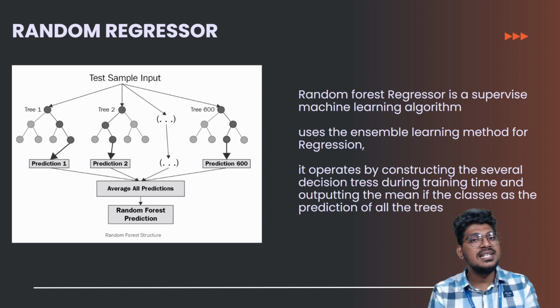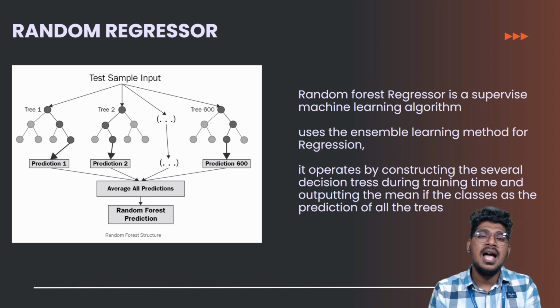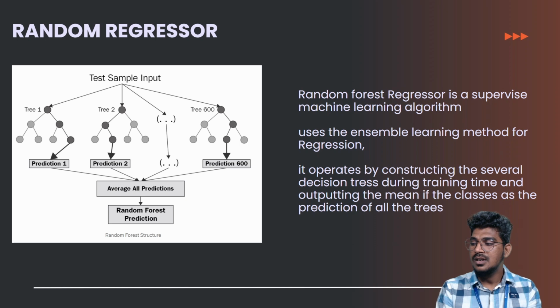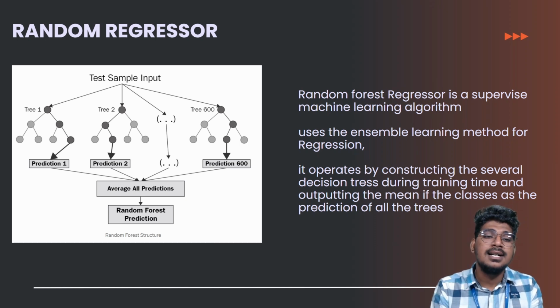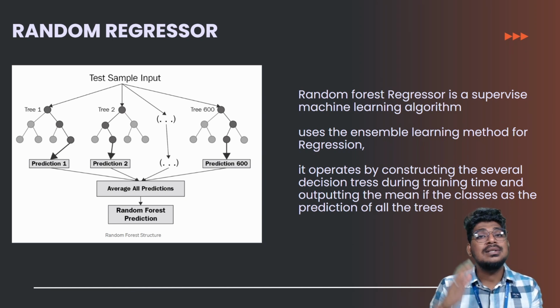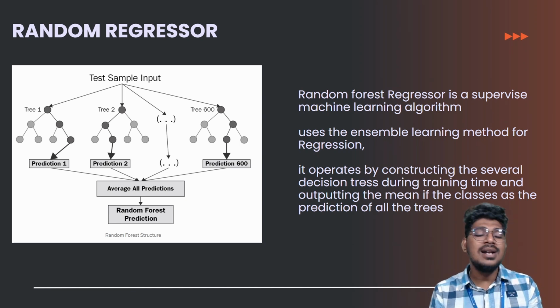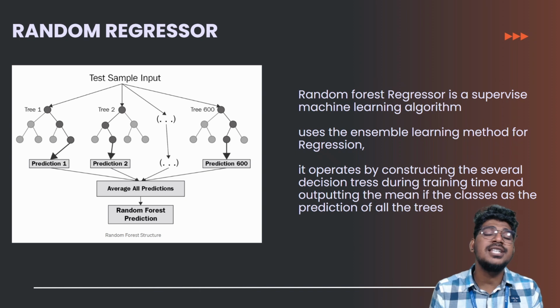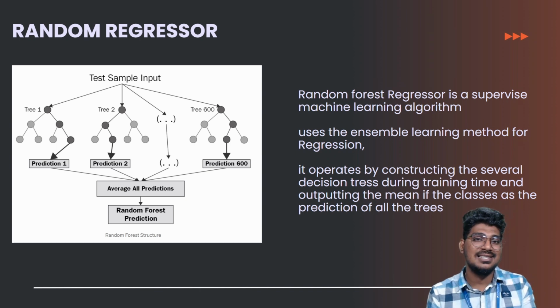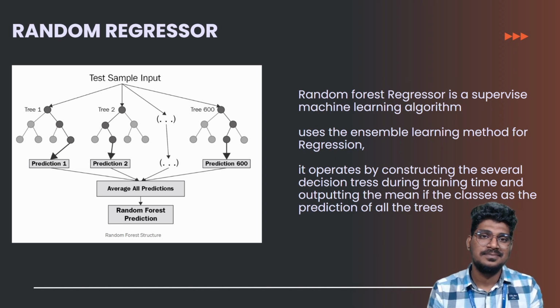In a classification it is called voting. Averaging is for values, which is the regression problem here. So we apply the average of all the predictions from 1 to 600, and the average calculation gives one particular result. That is the prediction of the electricity price.